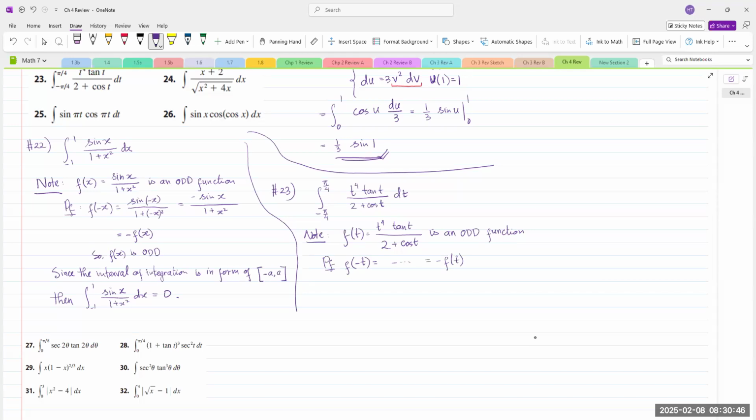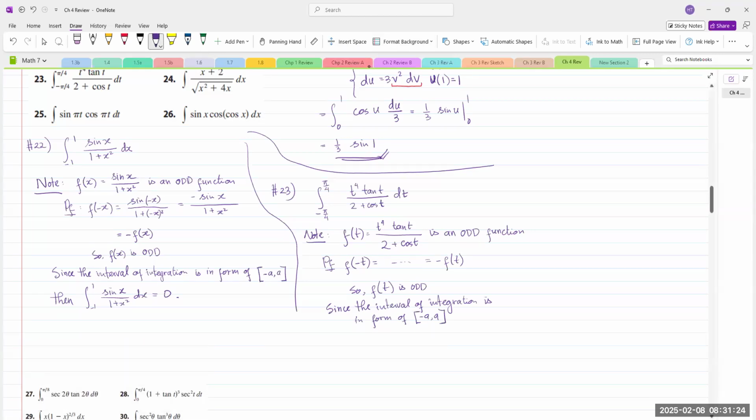You show it. Basically very similar to what I did on the left hand side, and then you conclude f(t) is odd, and since the interval of integration is in the form of negative a to a, then that integral from negative pi/4 to pi/4 of t to the fourth tangent t over 2 plus cosine t dt must be 0.